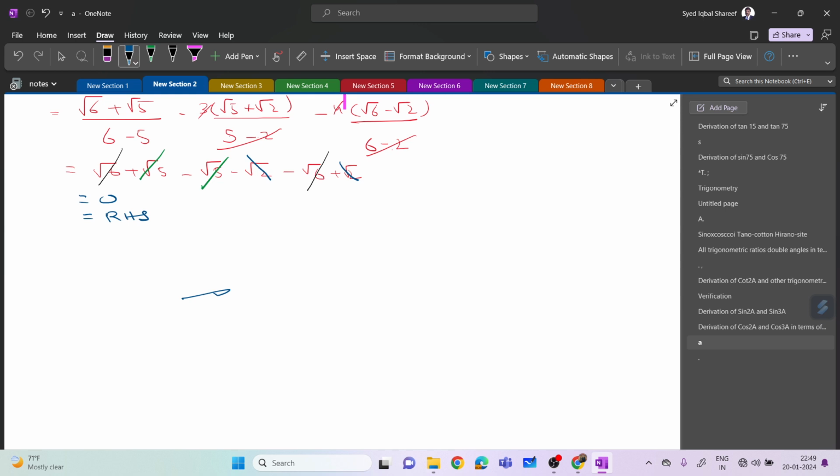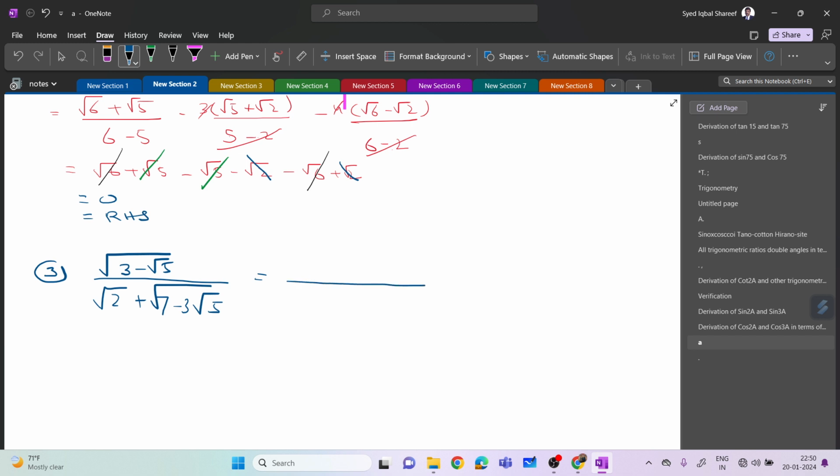So number 2 problem, we have done 2 problems. Let me go one more problem. Suppose this problem: (3 minus root 5) divided by (root 2 plus 7 minus 3 root 5).